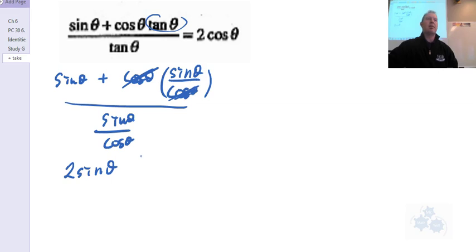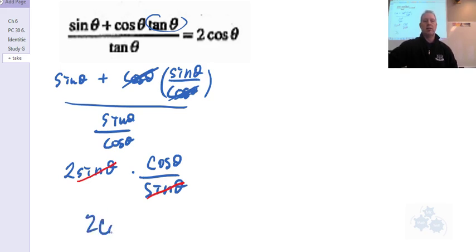Now, when we divide by a fraction, you remember we flip and multiply. Okay, so this ends up being times cos theta over sine theta. So again, we're dividing by a fraction, same as flip and multiply. So now we see that we have a common factor of sine. That goes away.